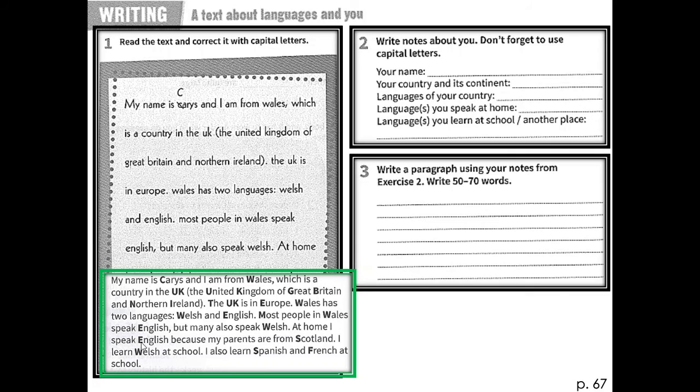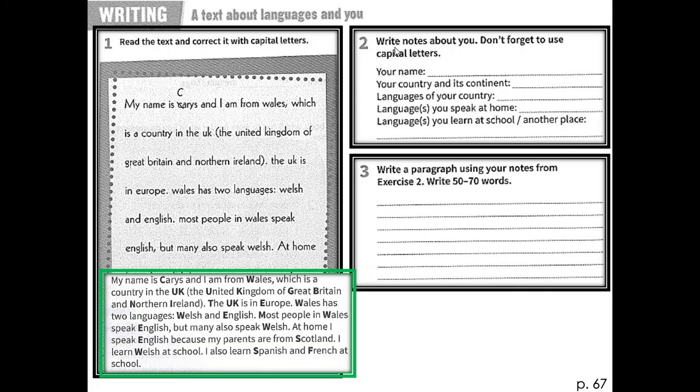At home, I speak English because my parents are from Scotland. So capital S for Scotland is a country's name. We learn Welsh at school. And the last 2 names here are Spanish and French. I also learn Spanish and French at school. So S, F.